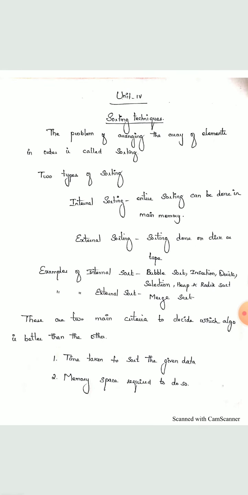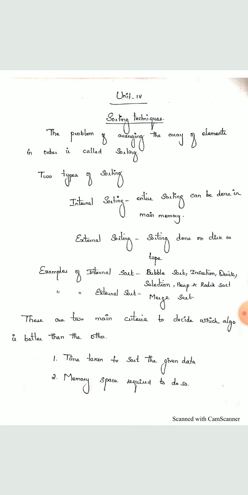As far as our examples are concerned, bubble sort, quick sort, insertion sort, heap, radix, selection all come under internal sort, because all these sorting techniques are carried out only in our main memory itself, right? The only example of external sort is external merge sort. Merge sort which will be done in external memory, if our list is a bigger one, right?